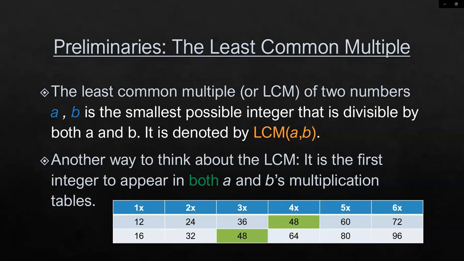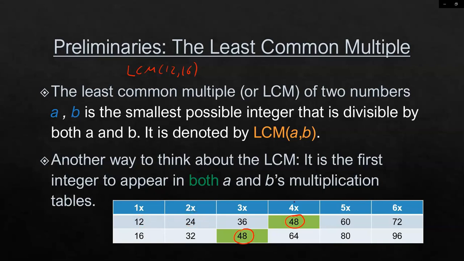So for example, in this case we're looking for the least common multiple of 12 and 16. We're looking for the first time that the number appears in the multiplication table of the number. So here we have 1 times 12, which is 12, 24, 36, 48.